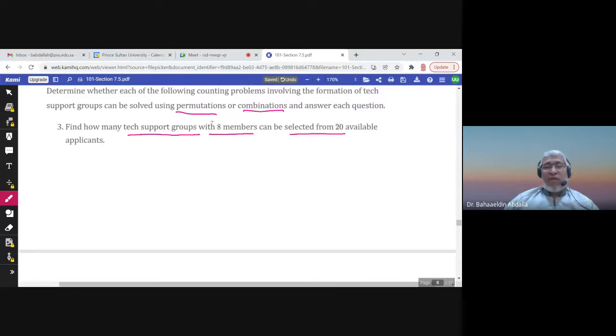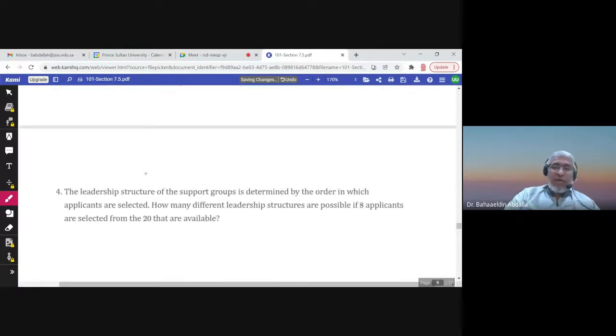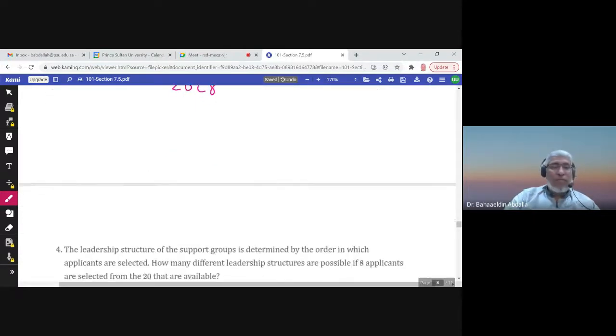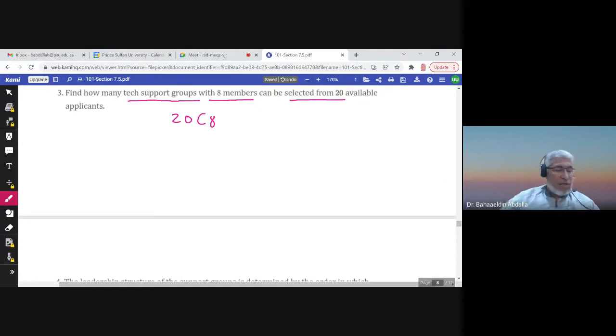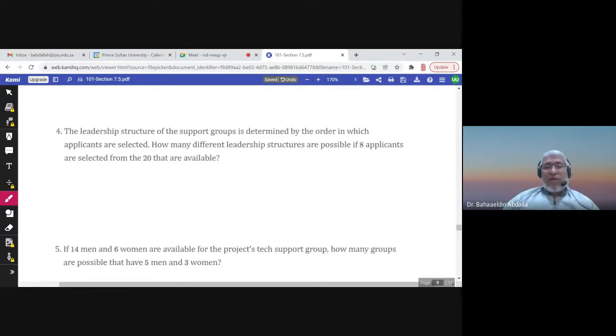We need to select 8 of them. There is no mention of any order or arrangement. So the answer is 20C8. You can find the answer by the calculator. The leadership structure of the support groups is determined by the order in which applicants are selected.